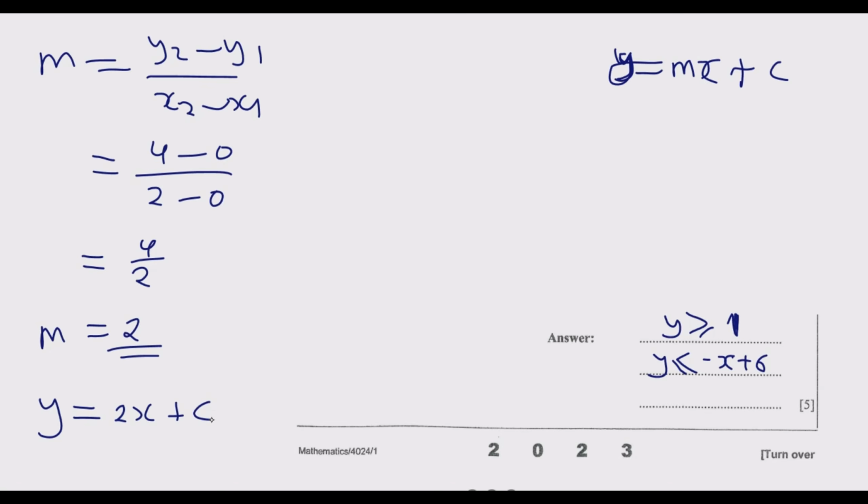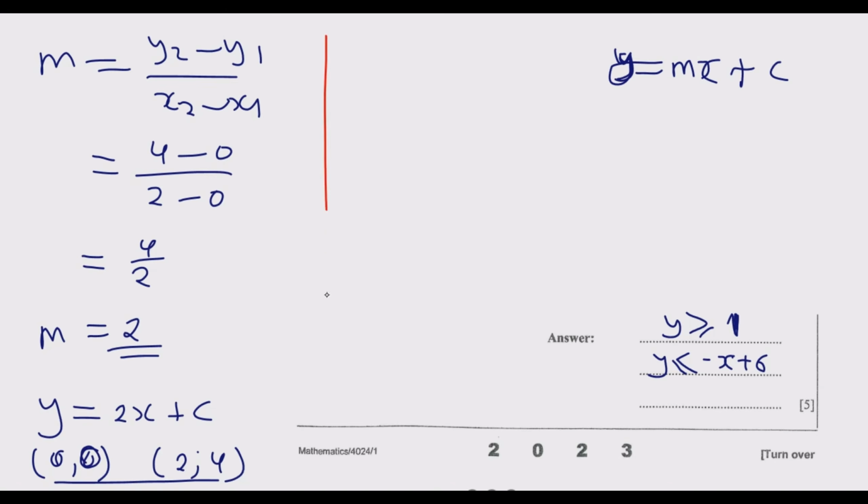So what we need to do is to pick one coordinate. We have (0, 0) and (2, 4). Whichever you pick, you still end up with the same result. But to spare your precious time in an exam, you go with where there are zeros, because it's much easier to deal with. So for y, I put a 0.